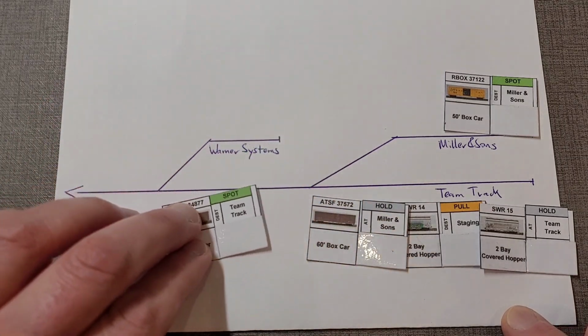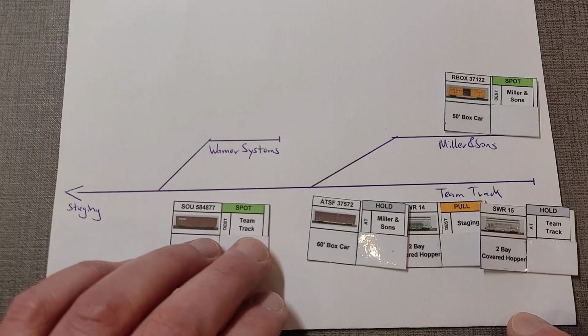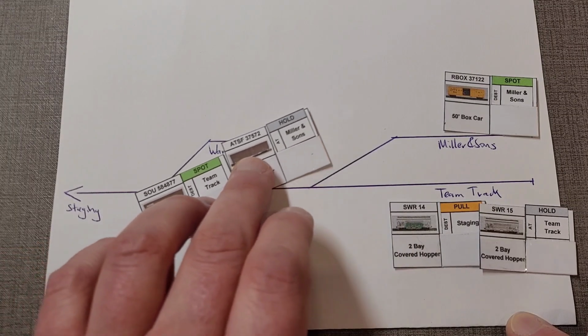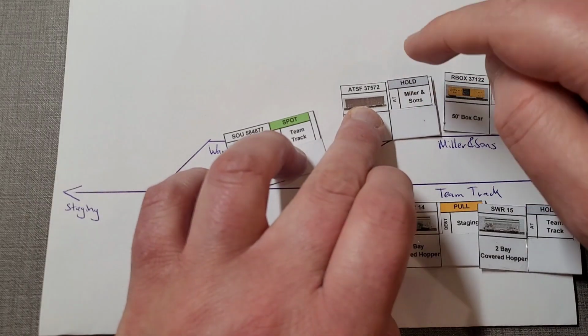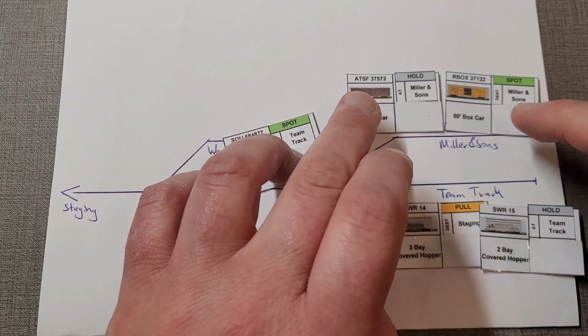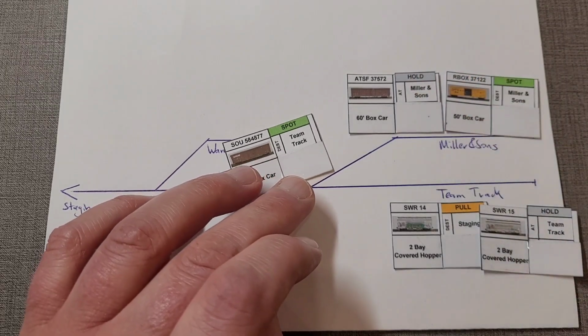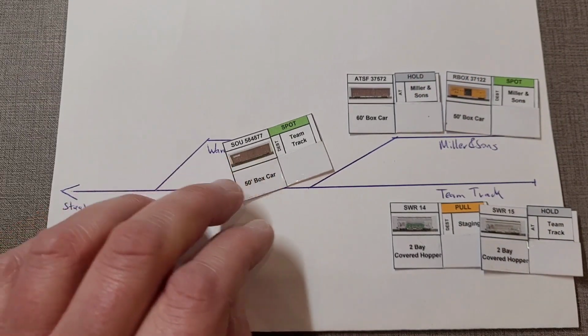And then I can come back and pick up the larger boxcar, bring it back to, let's say it's called door 1 at Miller and Sons, and then this part of our task is already done.